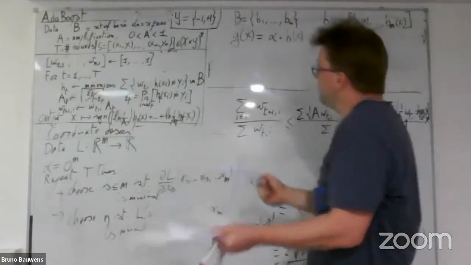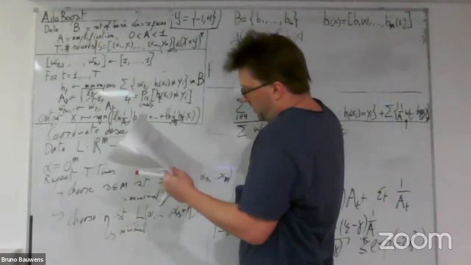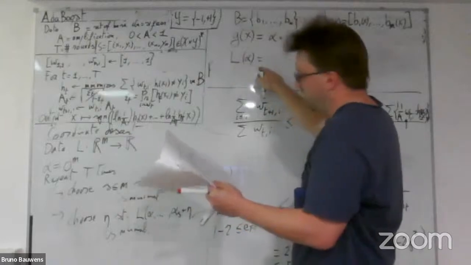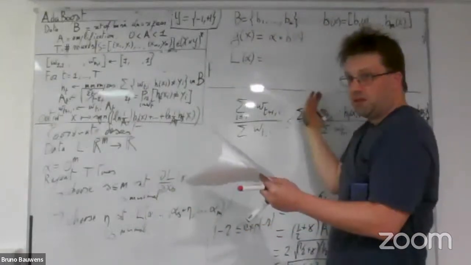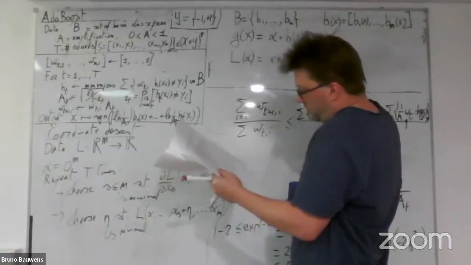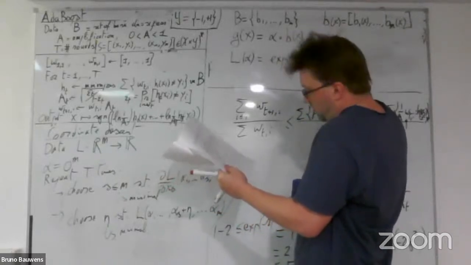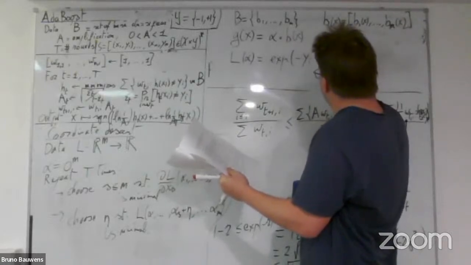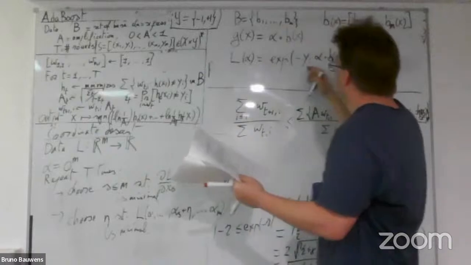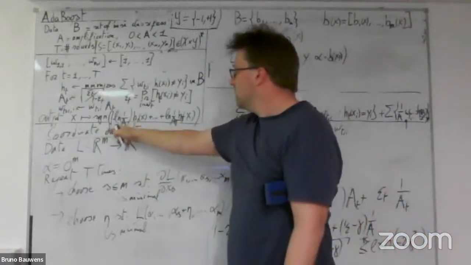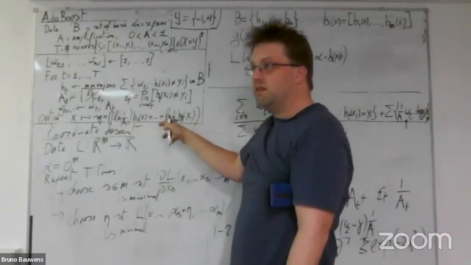So let us just follow the notes, and I will say that L of vector alpha, our objective function, which is an upper bound on empirical risk, will be the sum of exponent of minus y_i alpha times b of x_i. Note I used a different base here, but that is just because I was using ln here.